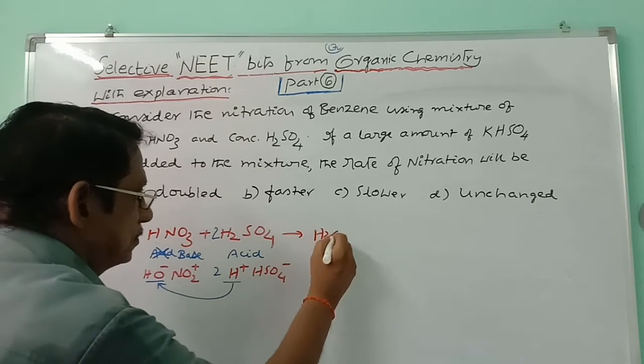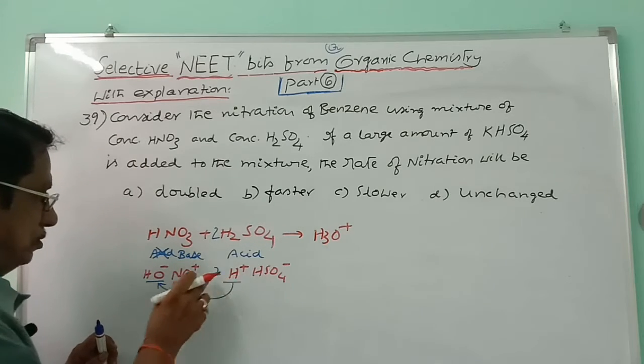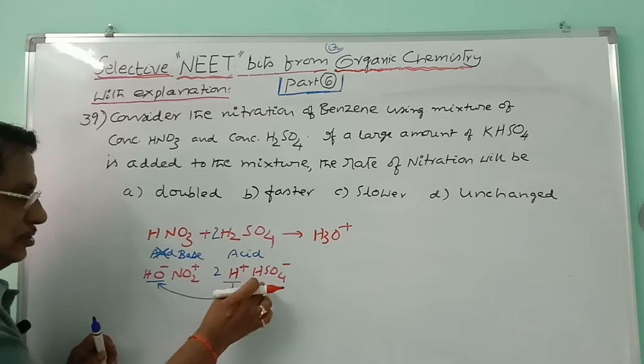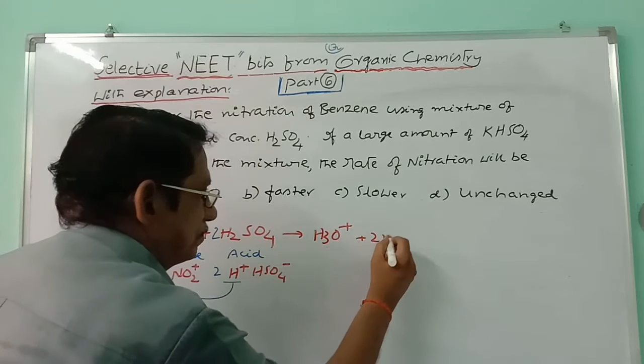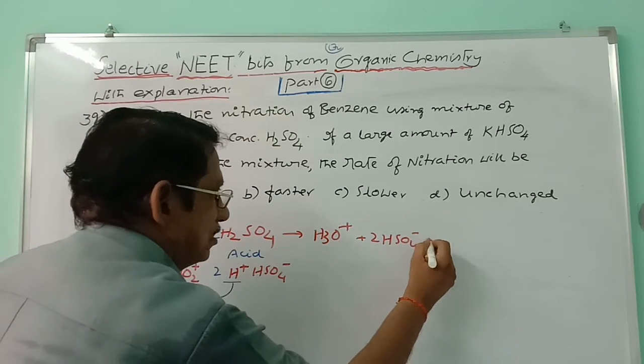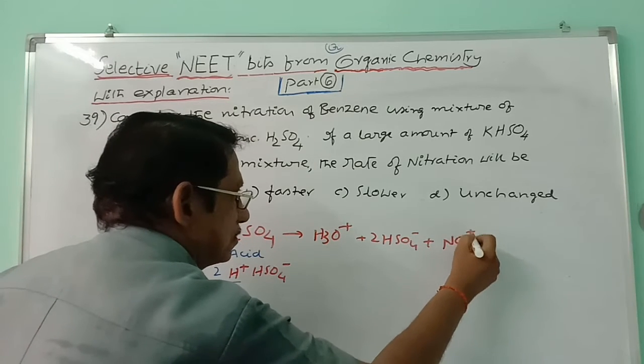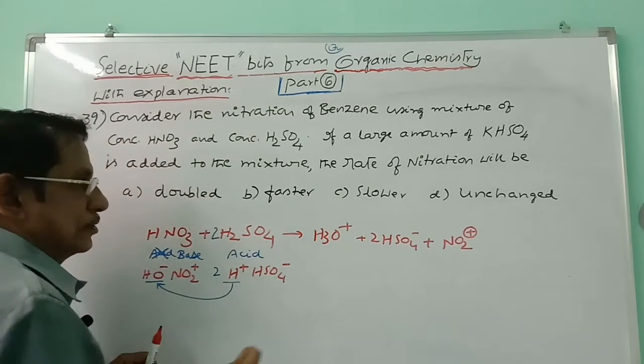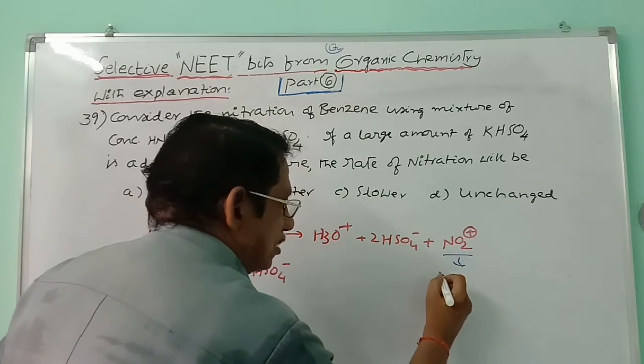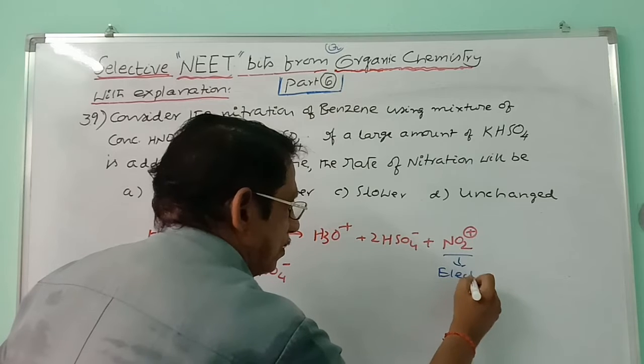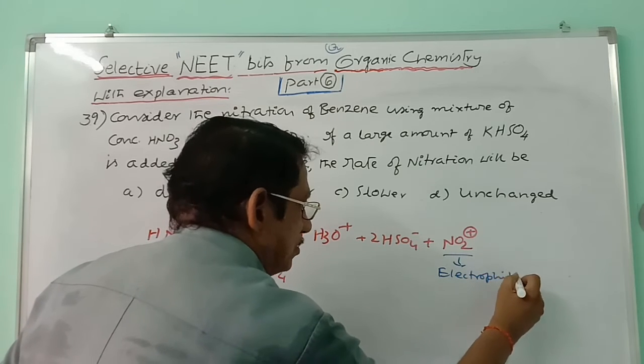H3O plus, 2HSO4 minus, plus nitronium ion. This is the actual electrophile going to attack the benzene ring.